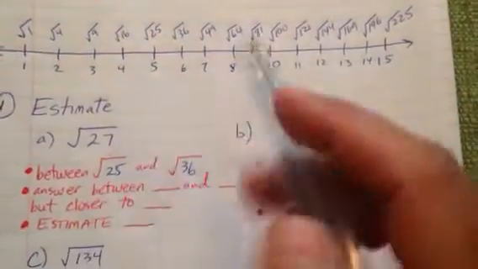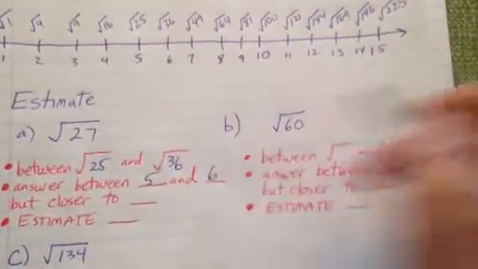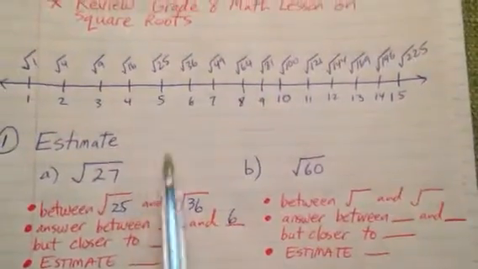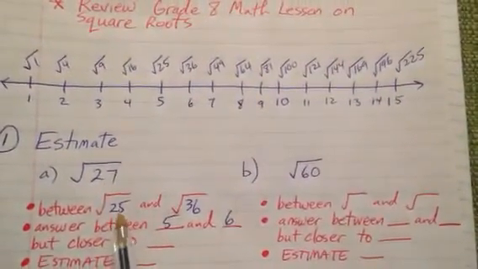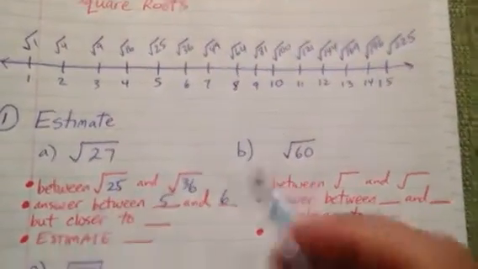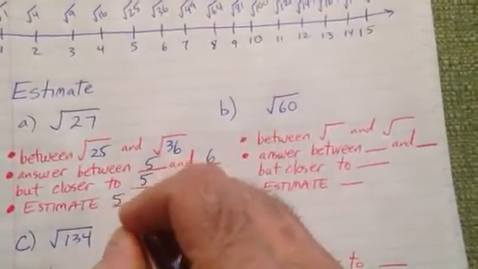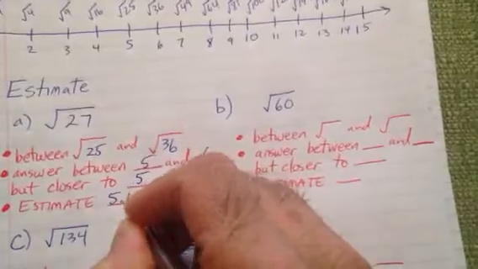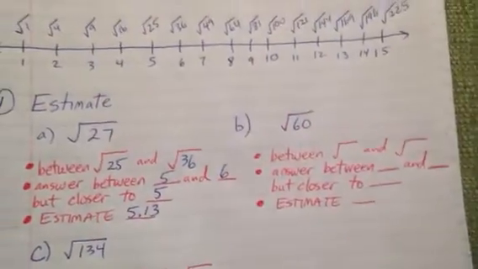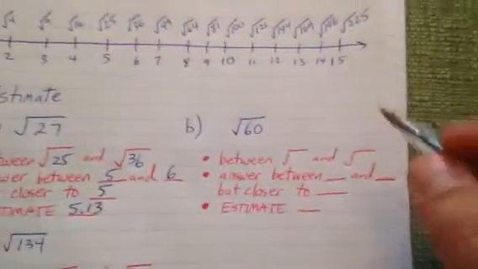So in other words, we know the answer is between 5 and 6. We know that 27 is just past 25, so it's closer to 5. It's going to be 5 point something, like 5.13. We can make an estimate there. Okay, that's how you do that.